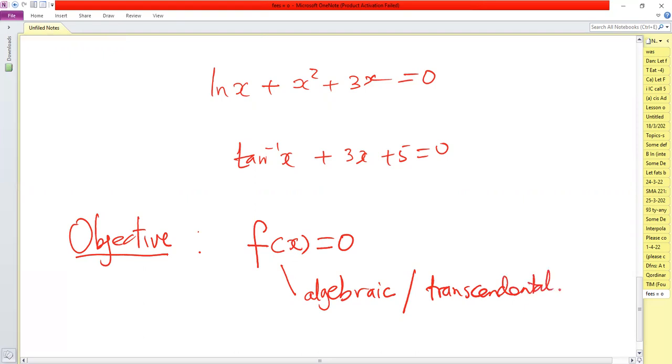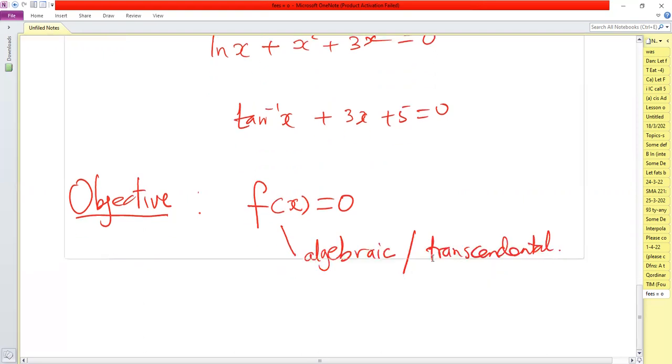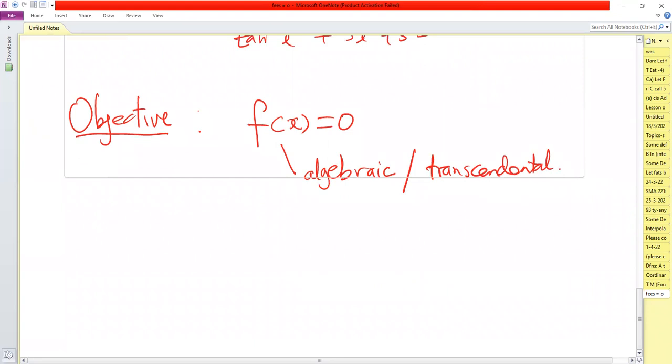Now, one key thing: students make some mistakes when they are solving such kinds of equations. Ensure that whenever you are dealing with transcendental equations, mostly where we have trigonometric or inverse trigonometric parts or hyperbolic functions, your calculator should be in radian mode.